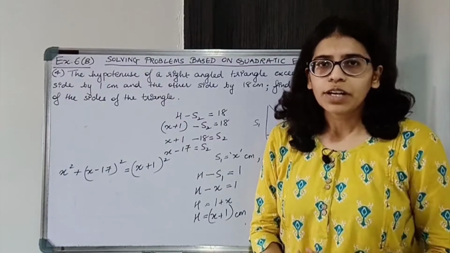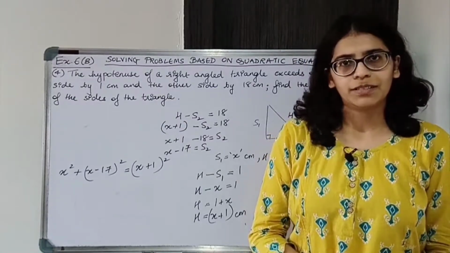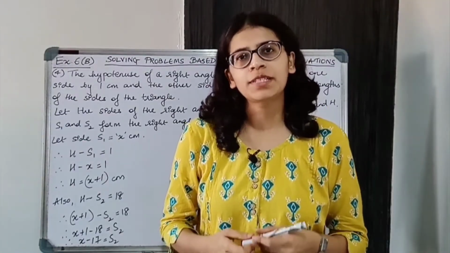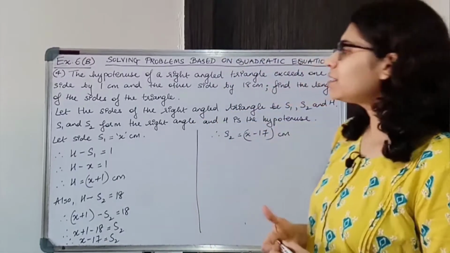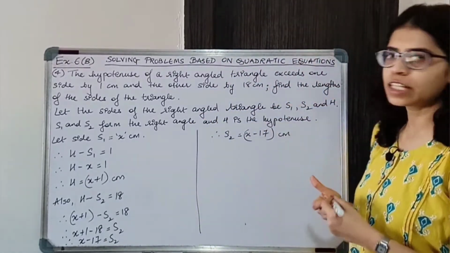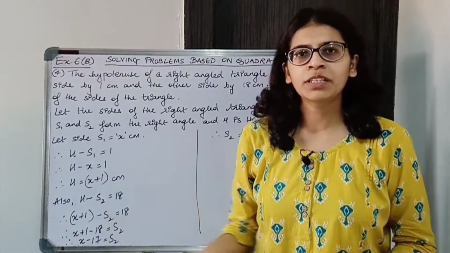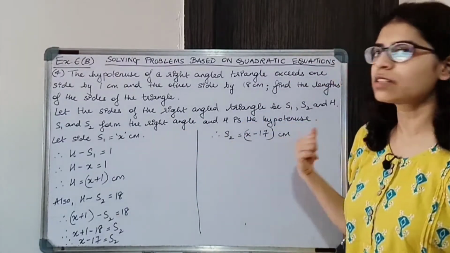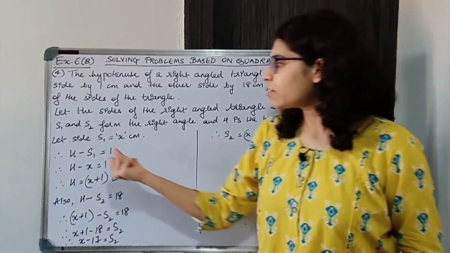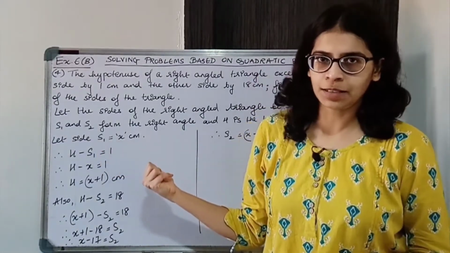So let us now write down the given in proper manner and start solving. We have to write down proper statements. Now let the sides of the right angle triangle be S1, S2 and H. S1 and S2 are the sides forming the right angle and H is the hypotenuse. Now we have assumed S1 to be x centimeters.